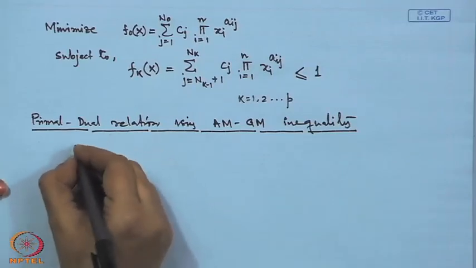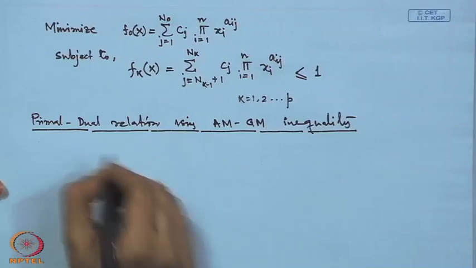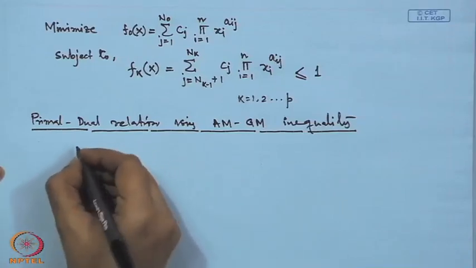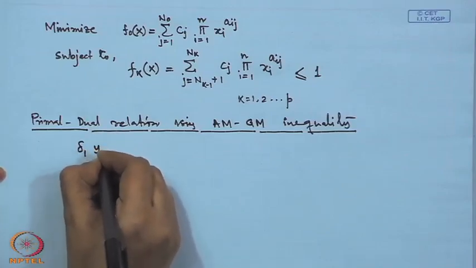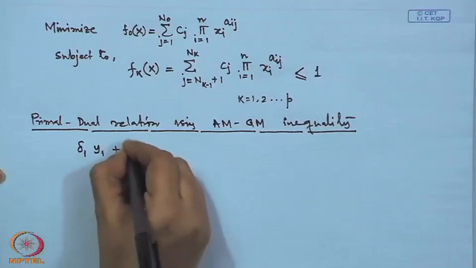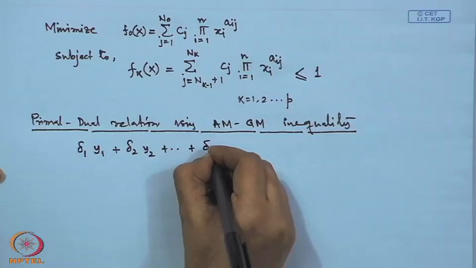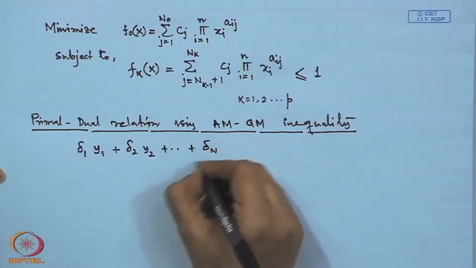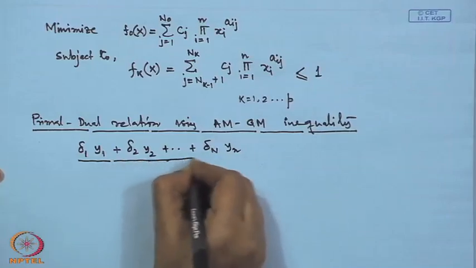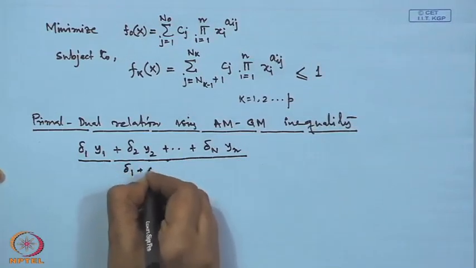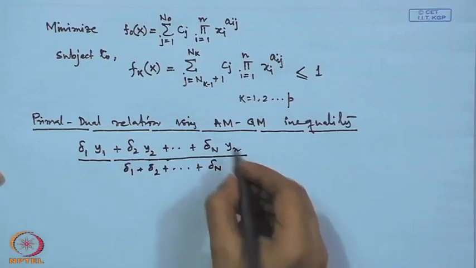If we have the terms y1 to yn with the weights delta 1 to delta n, then we know the arithmetic mean is greater than or equal to the geometric mean. Mathematically, we can say (delta 1 y1 plus delta 2 y2 plus up to delta n yn), divided by the sum of the weights, corresponds to the arithmetic mean.